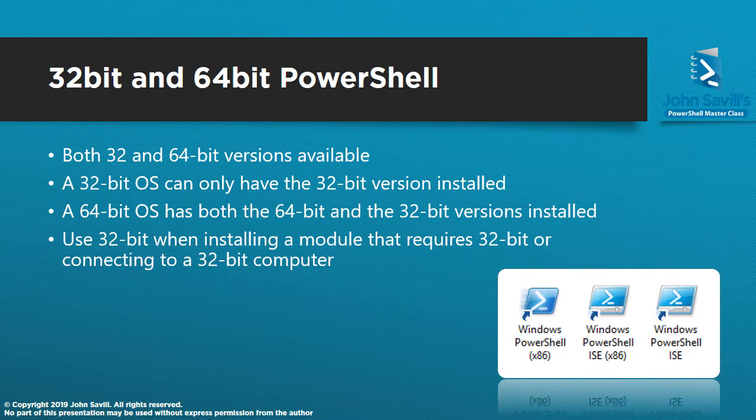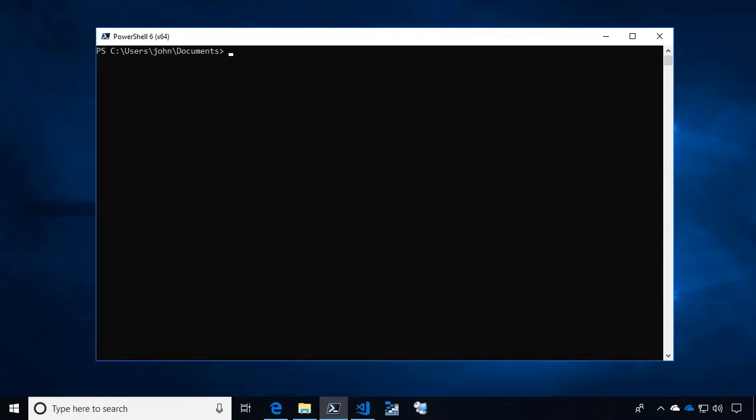There are also some challenges connected to a 32-bit computer. If I'm using PowerShell Core, then I don't get both. I pick the version I want to install when I download it. So I just get that one version. If you wanted to really check, remember a 32-bit operating system and integer pointer would be 4.